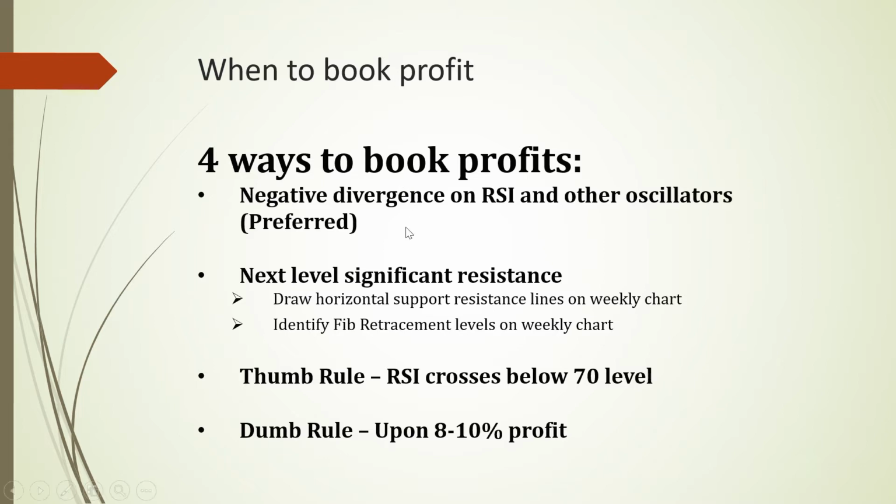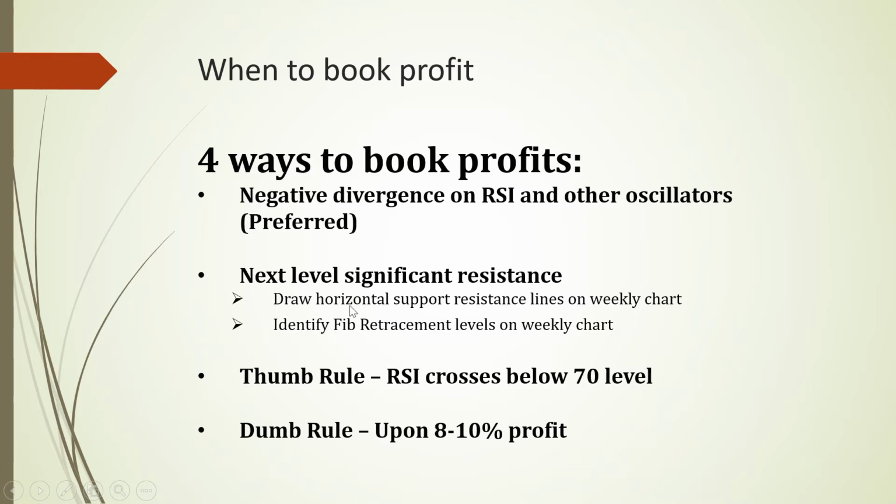So we'll take a good amount of examples to understand how to identify the negative divergence using indicators like RSI. Identifying the resistance is another dedicated topic, and many people know this method, but we can discuss it in more detail in a separate video, right?